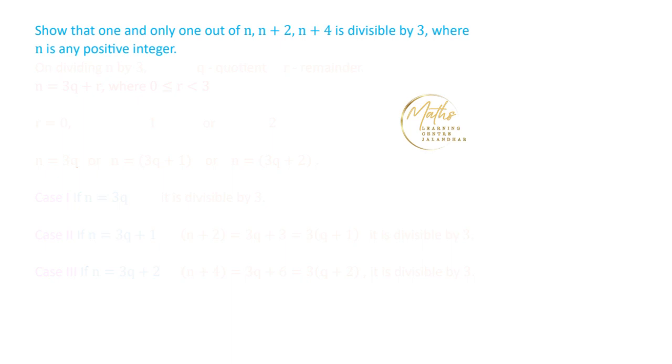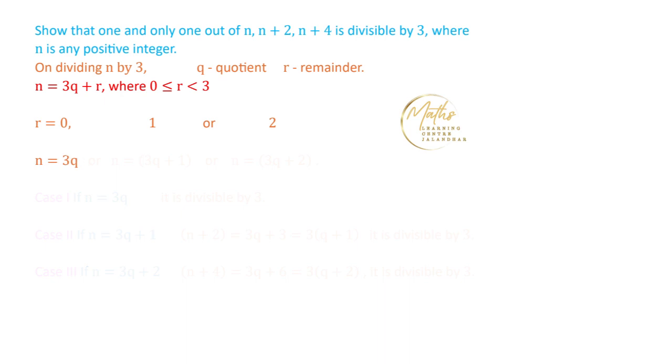We say n is any positive integer, and on dividing n by 3, by Euclid's division lemma we will have two integers q and r, where q is the quotient and r is the remainder, such that n is equal to 3q plus r, where r is greater than or equal to 0 and less than 3. So the possible values of r are 0, 1 and 2. Corresponding to these values of r, we have the values of n: 3q, 3q plus 1, or 3q plus 2. So we are talking about three cases.